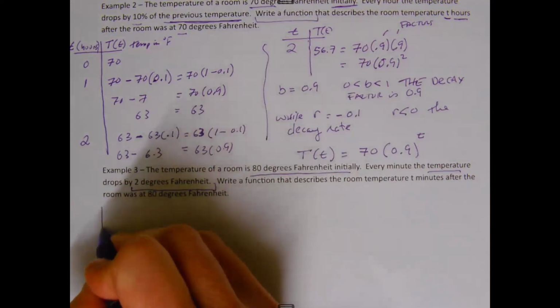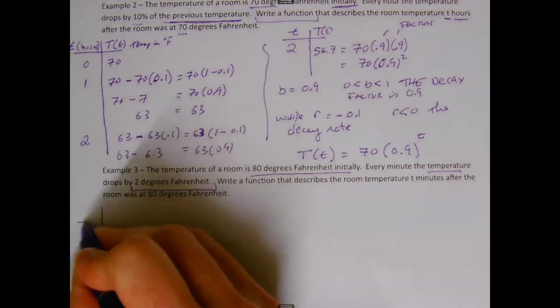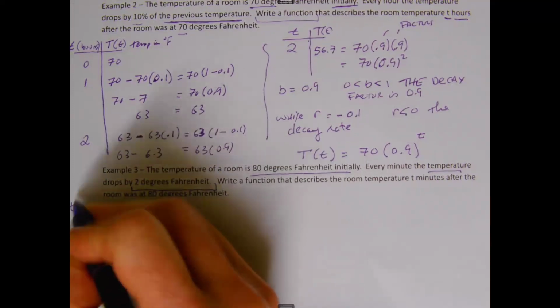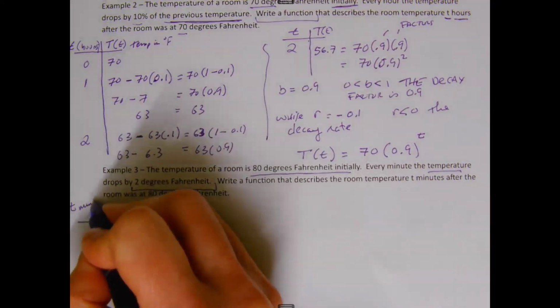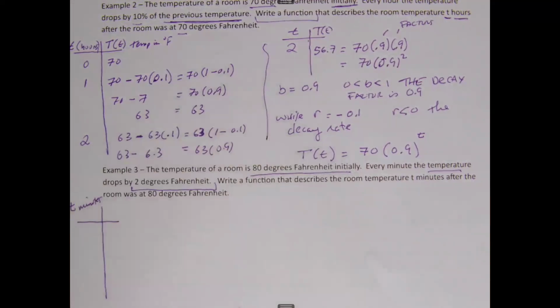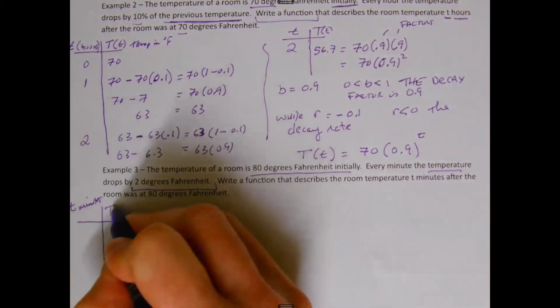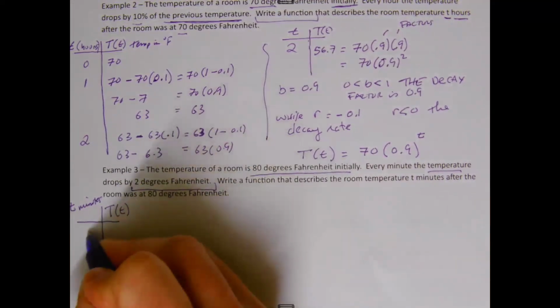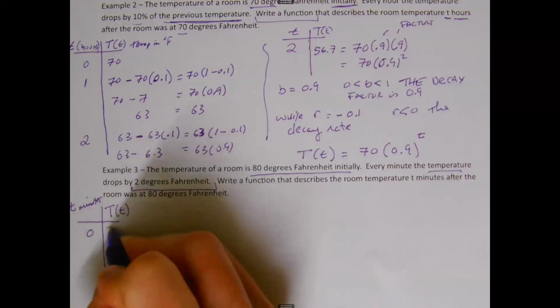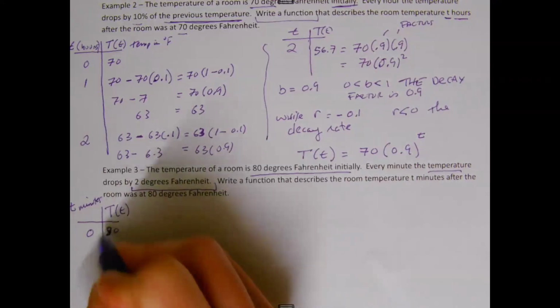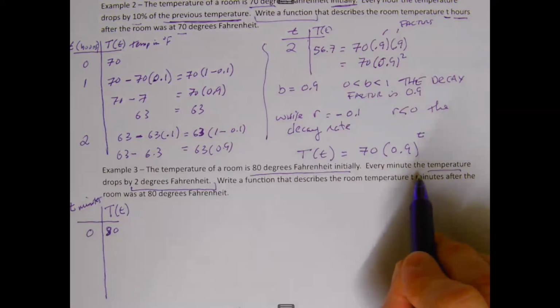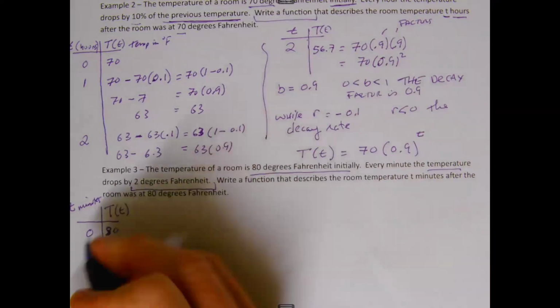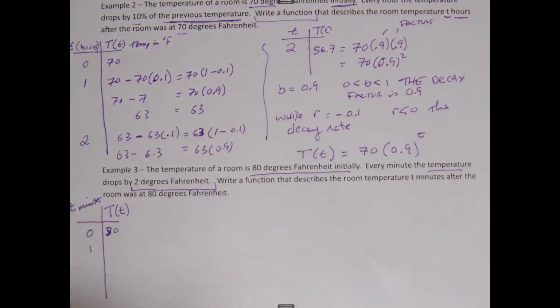Let's work this out. This time T is in minutes. Again, I'm going to call this T of T, and at 0, we're at 80 degrees. The temperature is also dropping: for every minute, the temperature drops by 2 degrees. In other words, 1 minute elapses.